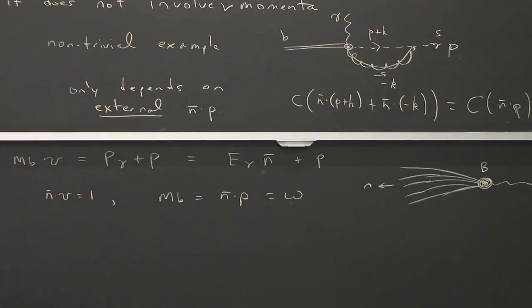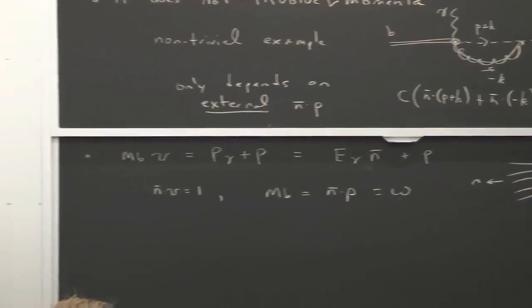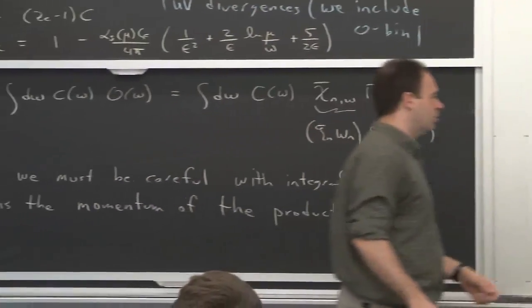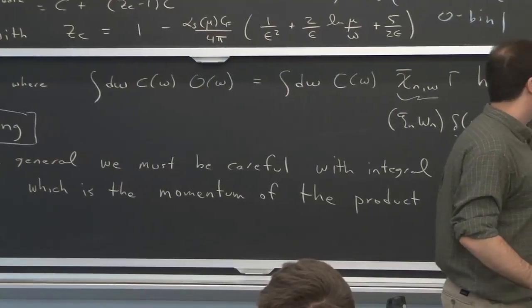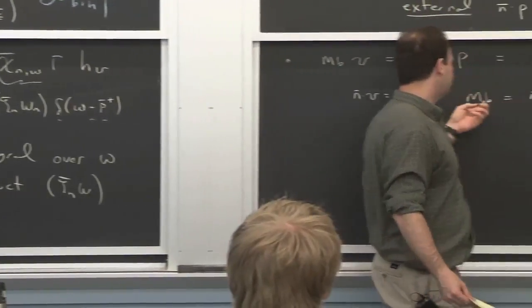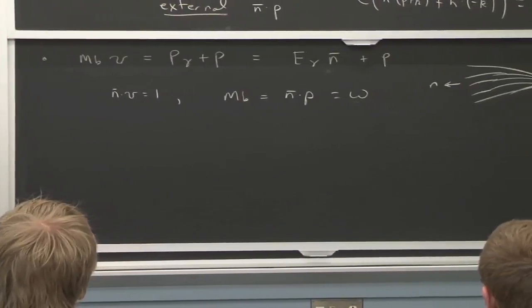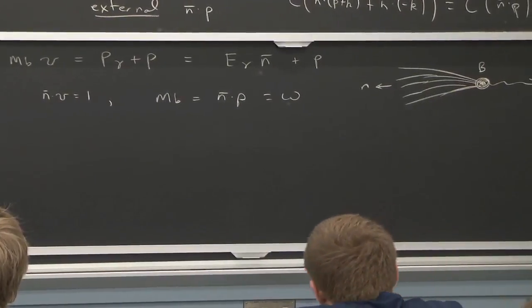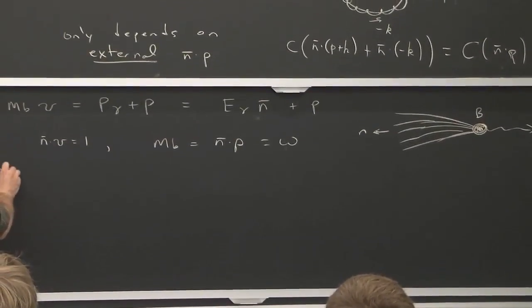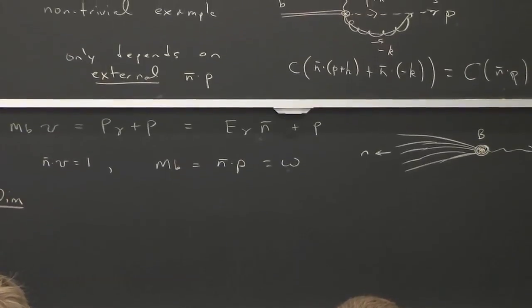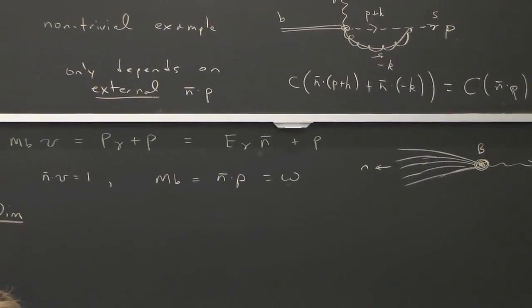But just in order to track what the Wilson coefficients can depend on, really what they can depend on is the labels of these collinear fields. And so I'm going to start writing omega for that reason, because that's the more generic thing that happens, even if we're not in a situation where it's fixed to be some mass. We will get dependence on the values of these parameters omega. Okay? So any questions about that? All right, so this Wilson coefficient just comes out, and we didn't have to worry about this delta function.